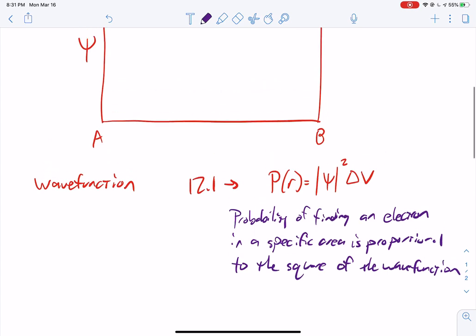So again, wave function. We're going to draw a mathematical shape, a line on a graph, and the square of that value, the square of that amplitude, is going to be the probability of finding the electron.